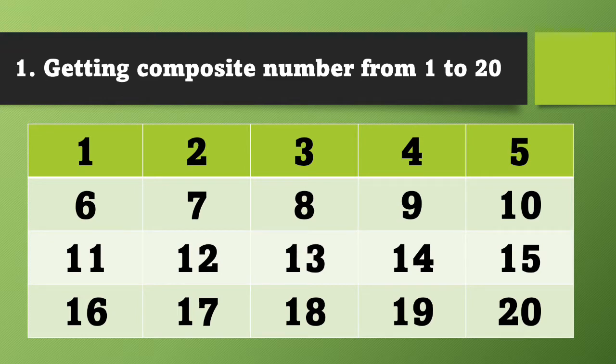Okay, let us identify the composite numbers. So 4, 6, 8, 9, 10, 12, 14, 15, 16, 18, and 20.